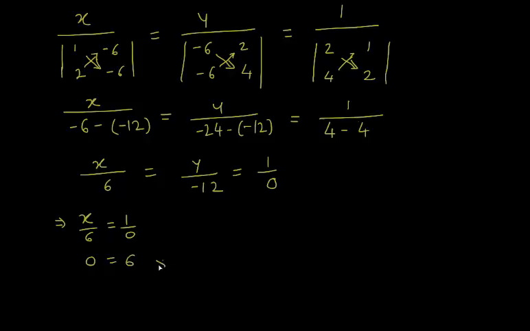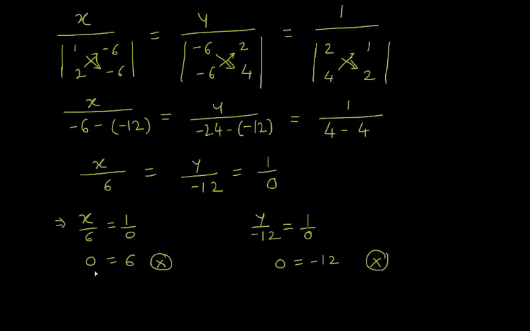But this is not correct. Now for y, the same thing will happen. y upon minus 12 is equal to 1 upon 0. So cross multiplying we get y into 0 is 0, is equal to minus 12 into 1 is minus 12. This is also not true. These two statements, 0 equal to 6 and 0 equal to minus 12, are false.